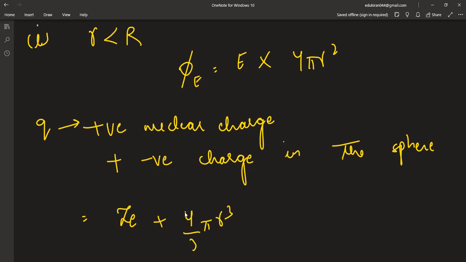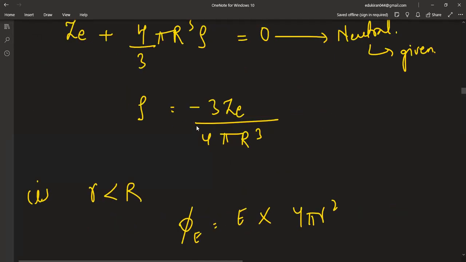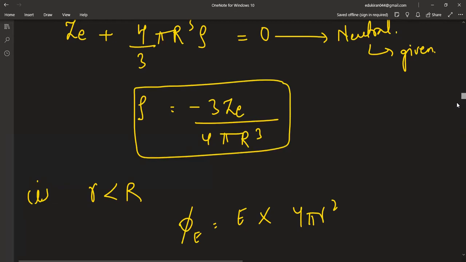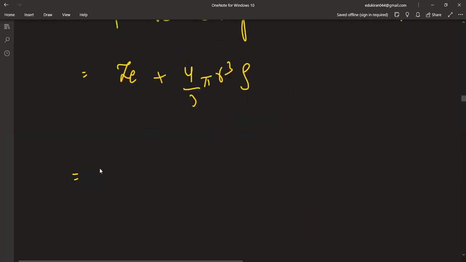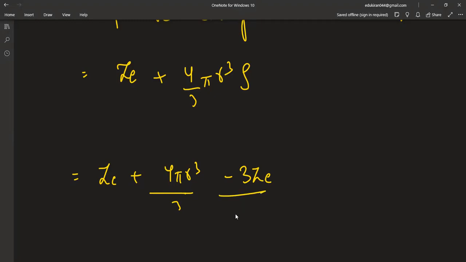And then is it sufficient? Can we write down the value of rho now? We have already calculated the negative value of rho. We'll substitute it here. This becomes Ze plus 4 pi r cube by 3. For rho, we will write minus 3 Ze by 4 pi capital R cube. Look, automatically your negative charge density is coming.